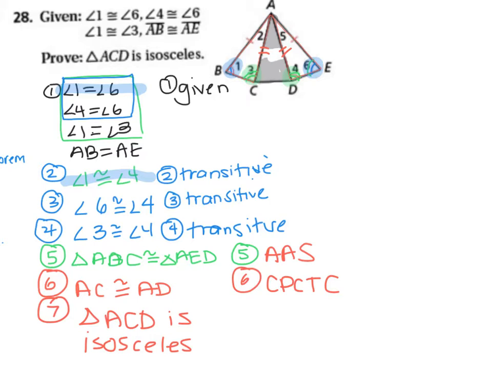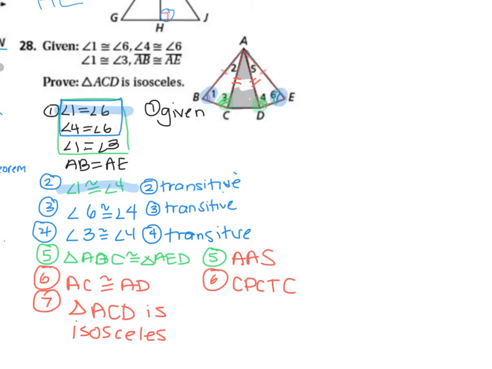Because if I'm stating that two triangles are congruent, then the next step is that those parts are congruent. That's CPCTC. I had to prove the triangles were congruent in order to get an additional pair of sides or angles to be congruent. But once I say they're congruent, then its corresponding parts are congruent, that's CPCTC. How do I know ACD is an isosceles triangle?